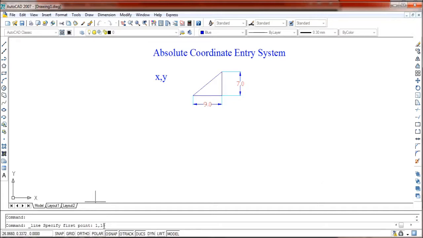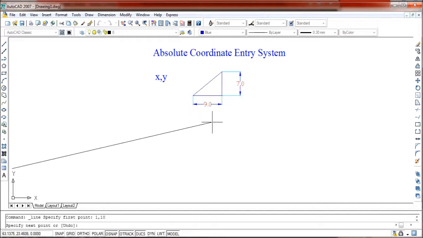Then 10 is the y distance, which is the value from 0 towards the y-axis. So I have to press the enter key after typing 1 comma 10. This is my starting point, located at 1 comma 10, 1 distance towards x and 10 distance towards y.